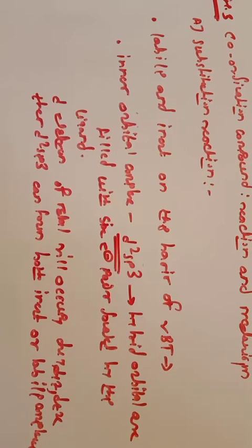But the inner orbital complex has d2sp3 hybridization, in which the hybrid orbitals are filled with 6 electron pairs donated by the ligands, and the d electrons of the metal occupy the t2g orbitals. Therefore, this inner orbital complex can form both inert or labile complexes.